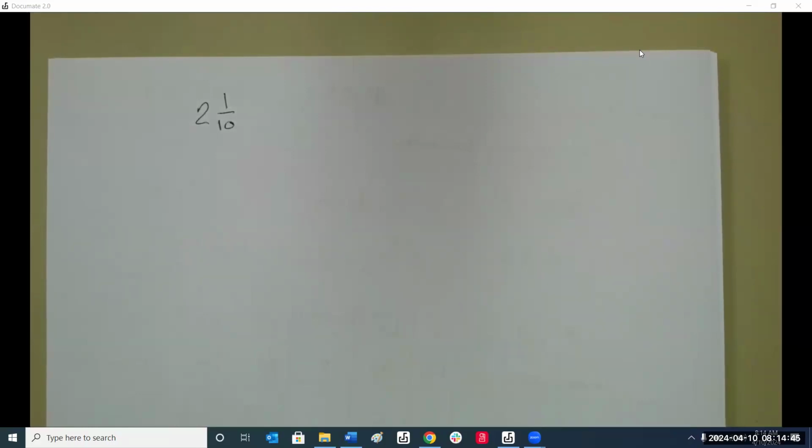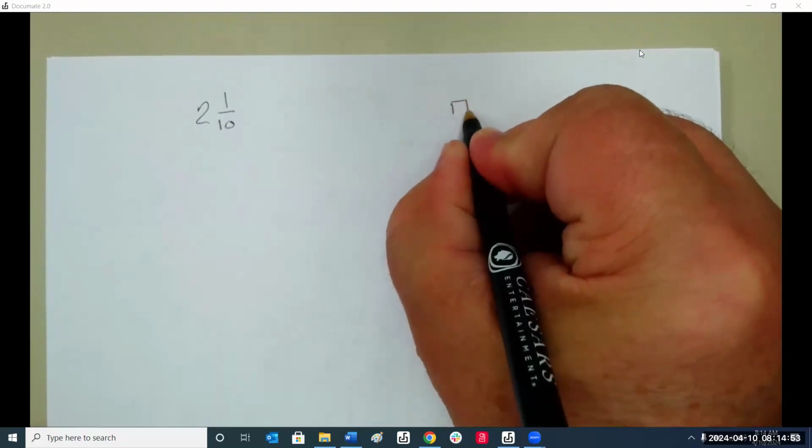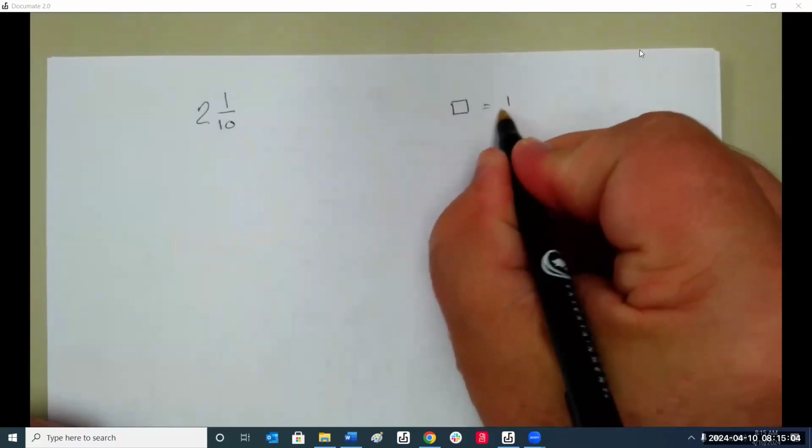We do it the same way we just did with the circles. So how much would 1 block be worth? Yeah, this would equal 1/10.